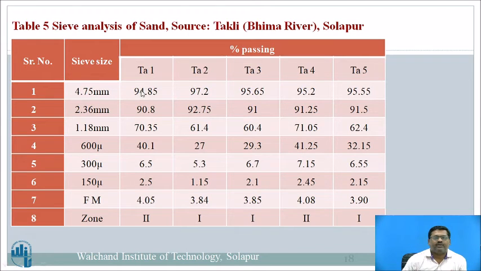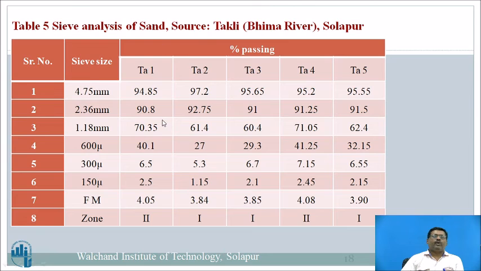Now let us observe this percentage passing 4.75, 2.36. All the values are compared to the zones. Then at 600 micron, if you observe, the first sample has a very high content of 600 micron size, and for the next 2, 3, 4, 5 the 600 micron values are less, and for the fourth again it is very high, 41.